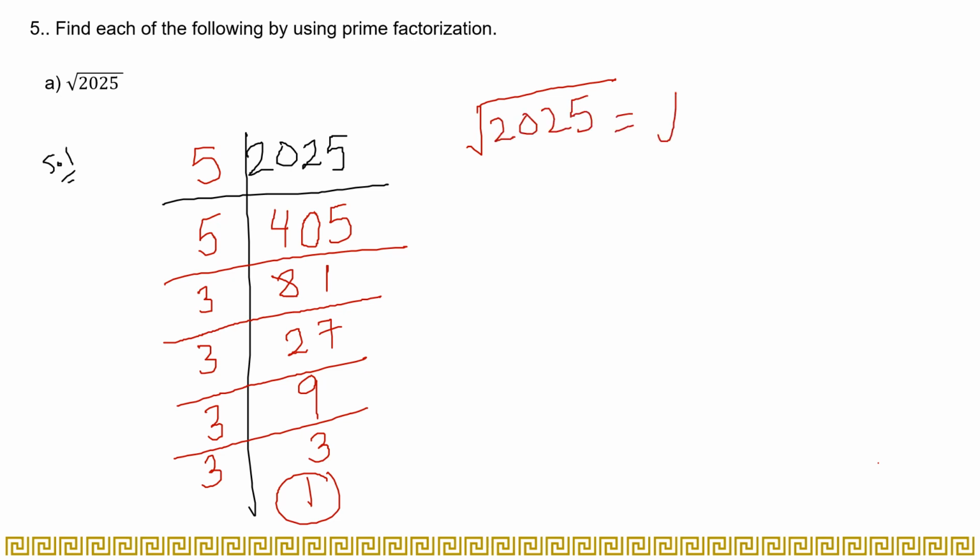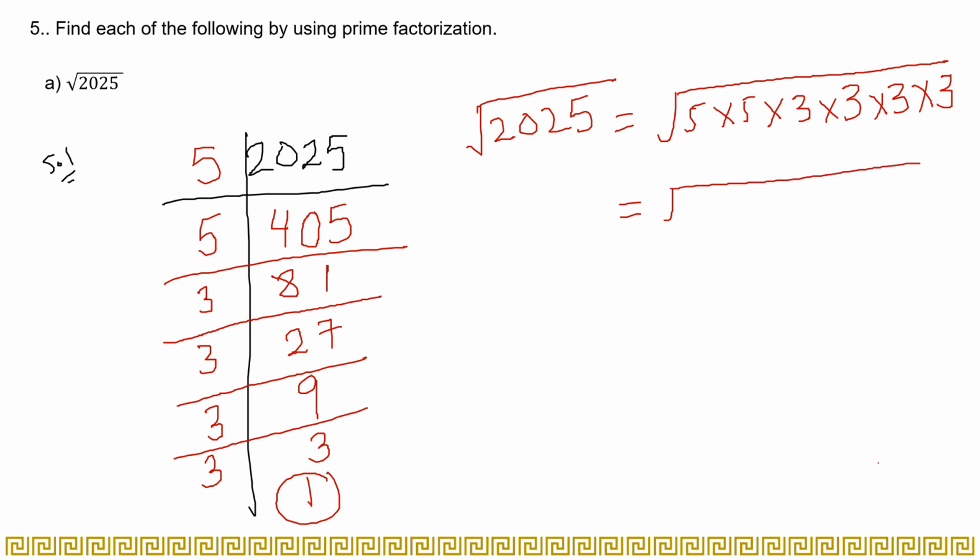You have to write all these prime numbers in the form of multiplication, like this: 5 multiplied by 5 multiplied by 3, 3, 3, and 3, right? Now write these numbers in index notation, or better, in the form of squares. You can pair these two, these two, and these two.